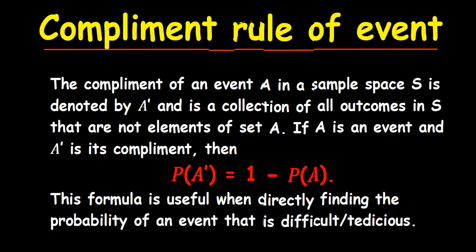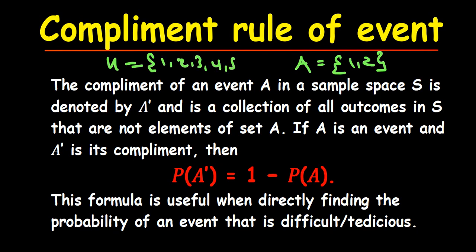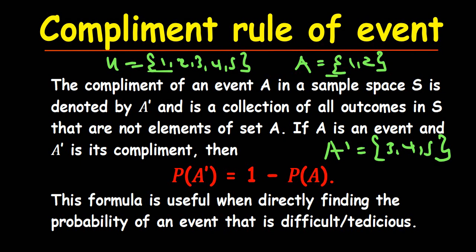So for example, if set A has elements 1, 2, and the universal set has 1 to 5, that is 1, 2, 3, 4, 5, then our A complement will be 3, 4, 5. So even when we are talking about probabilities here, they are what we call complement events.